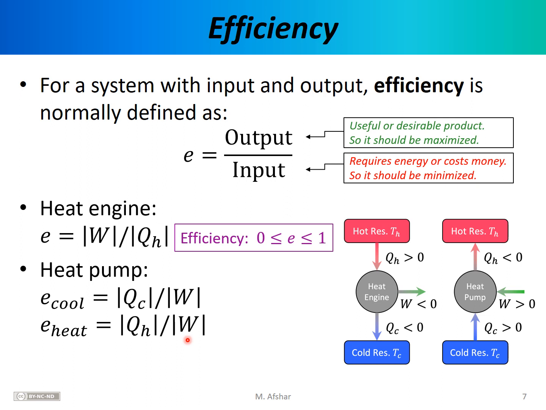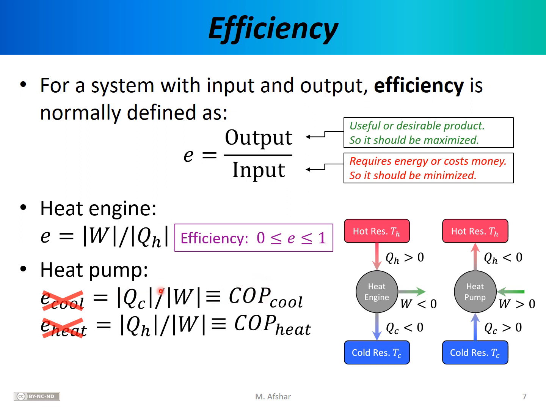Now, efficiency is traditionally a number between 0 and 1, or 0% and 100%. It turns out when you do the calculations for a heat pump, this ratio of QC over W or QH over W can be greater than 1. For that reason, people often don't refer to these ratios as efficiency. Instead, they refer to them as the coefficient of performance.